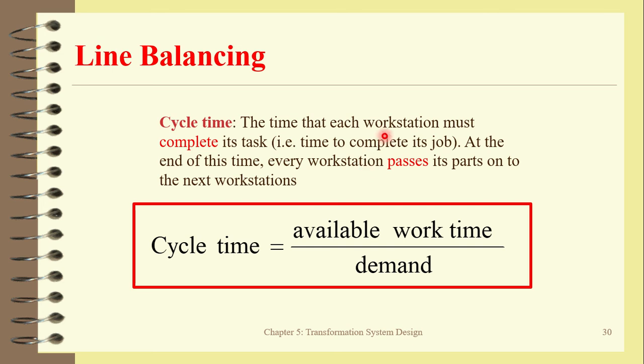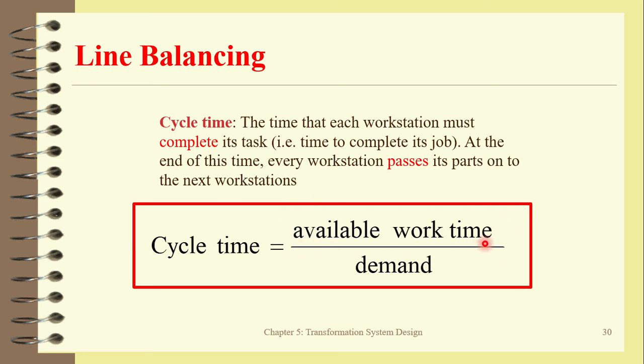So the calculation of the cycle time is equal to the available work time divided by demand. The available work time here is the actual available work time.